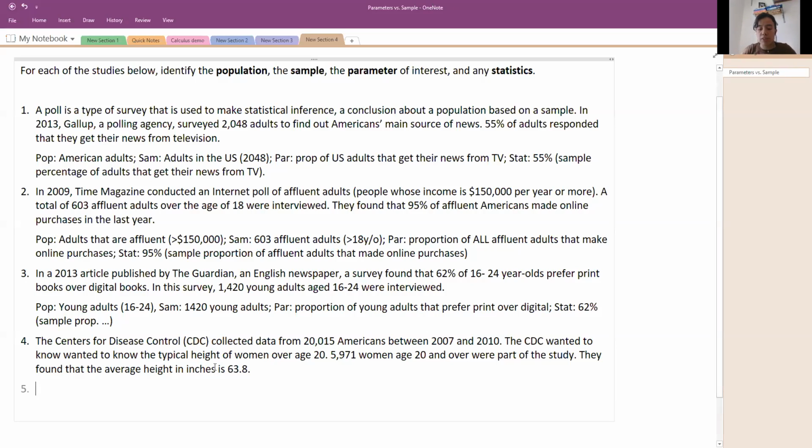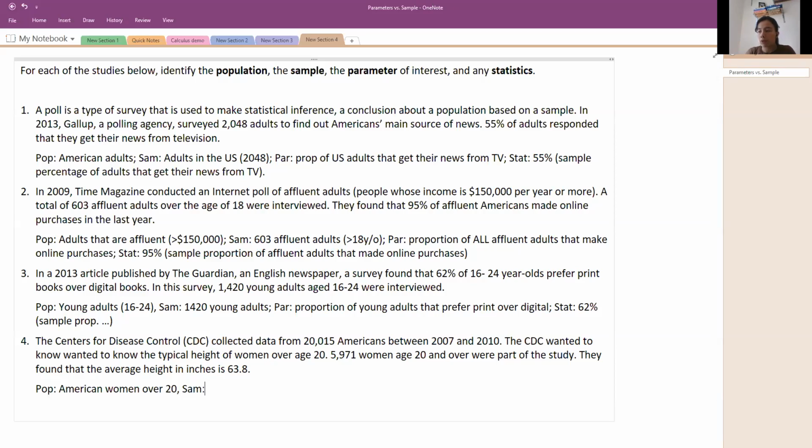So what is the population in this case? American women over the age of 20, because they want to know the typical height of a woman over the age of 20. So that's the target population, which is why the sample is chosen in this way.